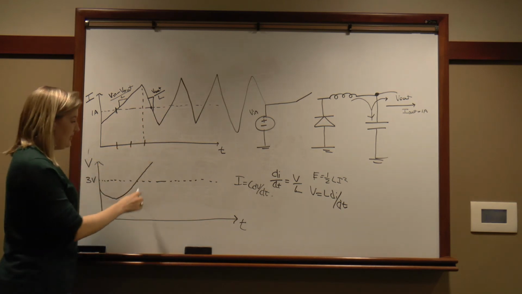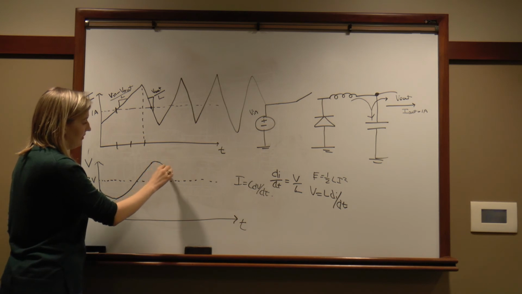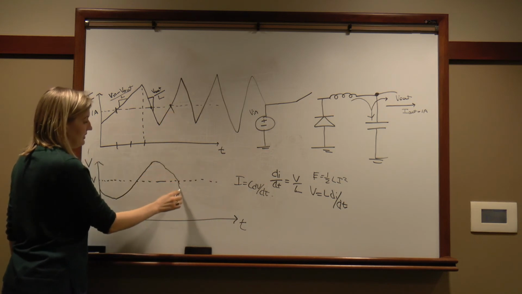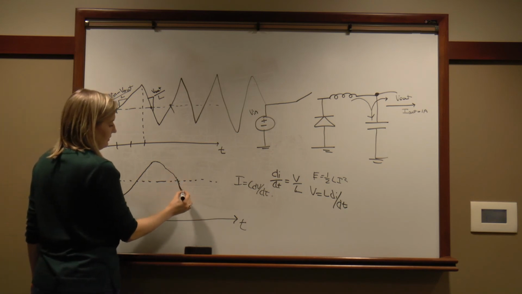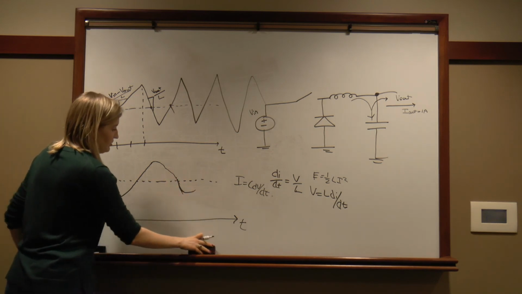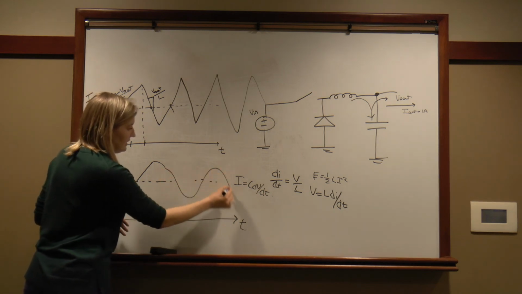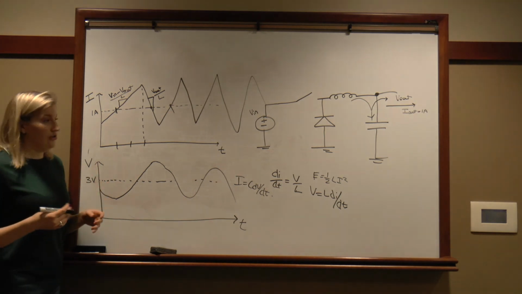It's going to have to supply some of that current. And so we start to drop our voltage until we get back to here, where the capacitor is going to start gaining in voltage again. And my drawing is not good, but basically it's going to be oscillating up and down in a sinusoidal manner as it supplies and then absorbs that extra current.